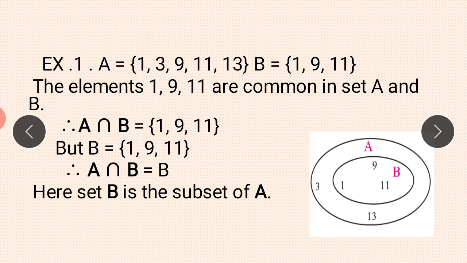Set B: which elements are in the set B? 1, 9 and 11. And set A having which elements? 1, 3, 9, 11 and 13. Then the intersection of set A and set B is what? Curly bracket 1, 9 and 11.